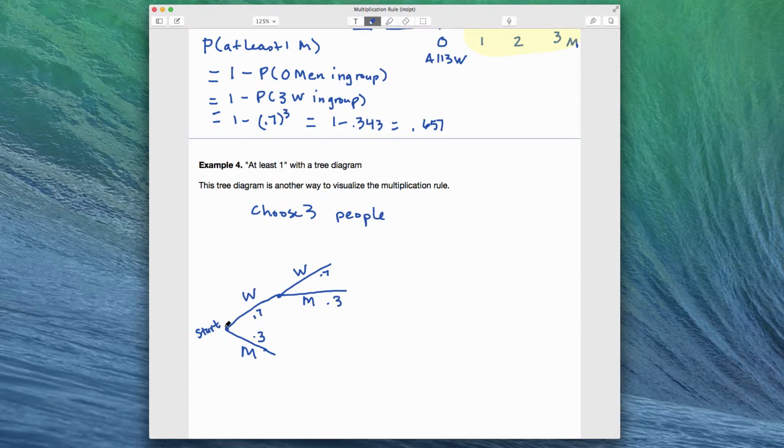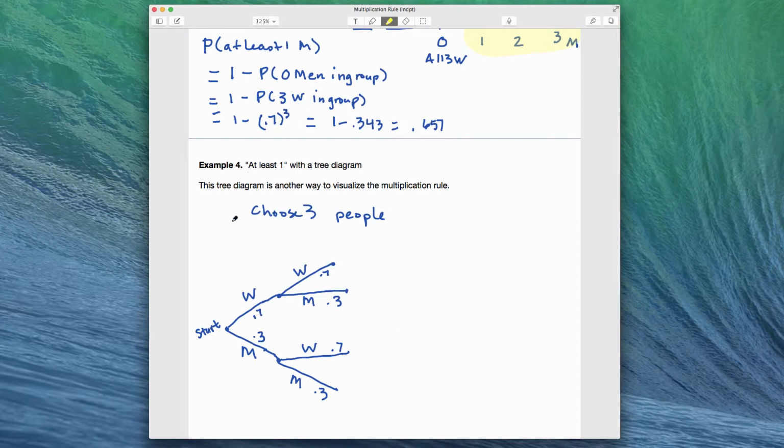So as you go from start down to the end of these branches here, you're looking at the ordering of how you picked people. Woman, here's woman, then man. And we keep going out with these branches until we have chosen all of our people. So maybe we chose a man first, then you could pick a woman next, or maybe a second man. 0.7 probability, 0.3. And now we start our third branching.